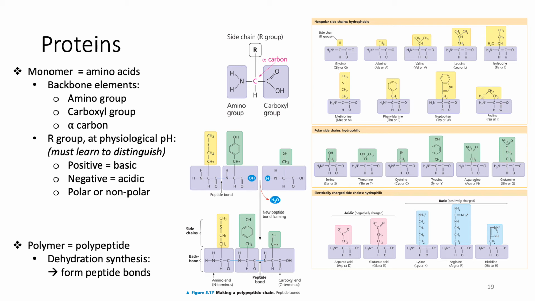The polymers of amino acids are called polypeptides. A protein is a biologically functional molecule that consists of one or more polypeptides, each folded and coiled into a specific three-dimensional structure.